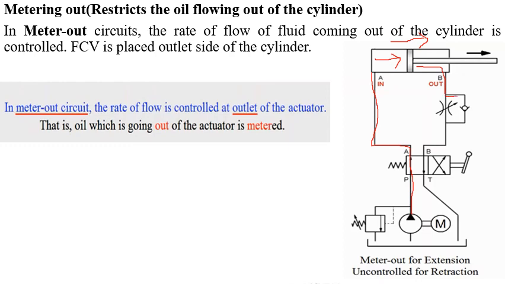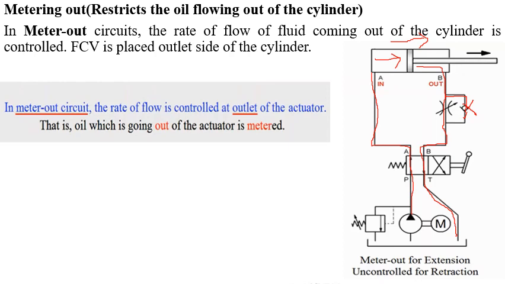Here there are two passages. In one there is no flow, and it will move through only the one passage through the flow control valve. This flow control valve regulates the flow, whether it is increased or decreased. Okay, and it will move toward the tank like this.